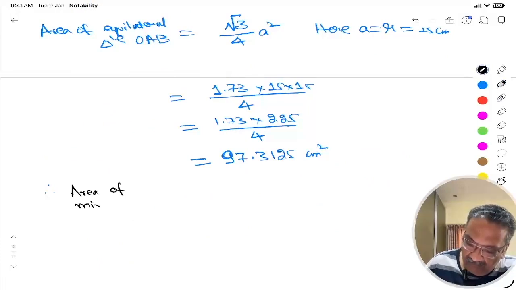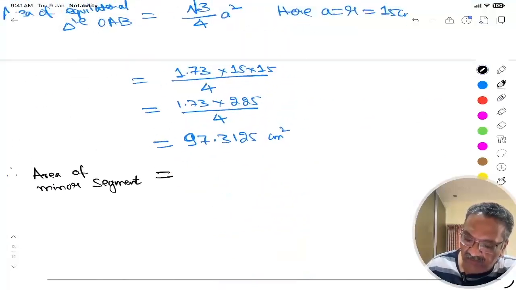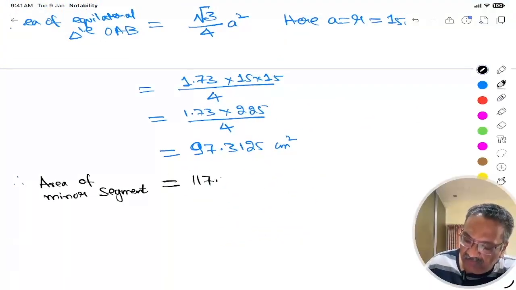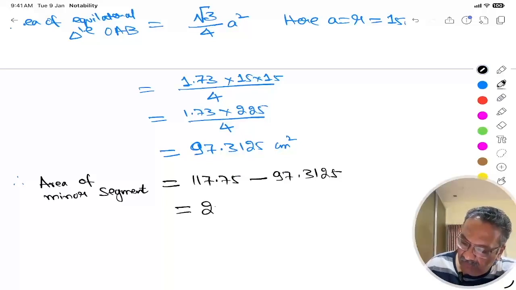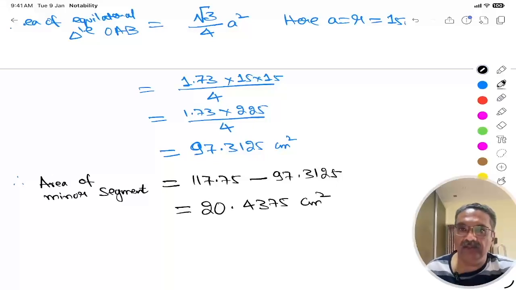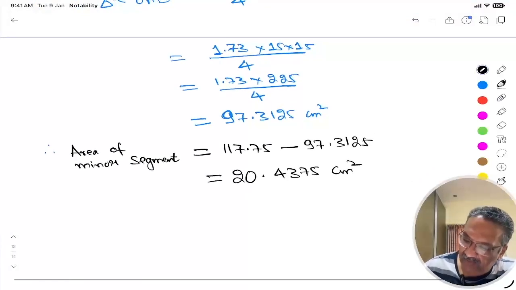Area of minor segment is equal to area of the sector, that is 117.75, minus the area of the triangle 97.3125, which is equal to 20.4375 centimeter square. Alright. Now, what is the second portion they have asked?